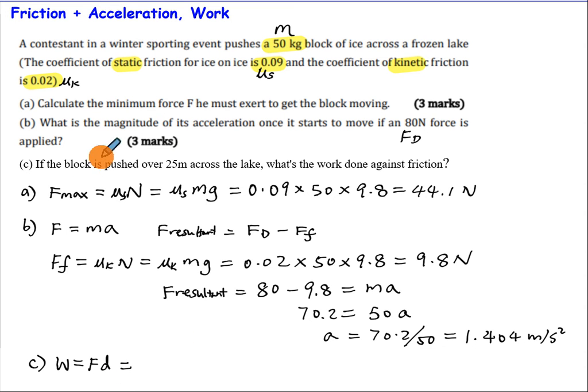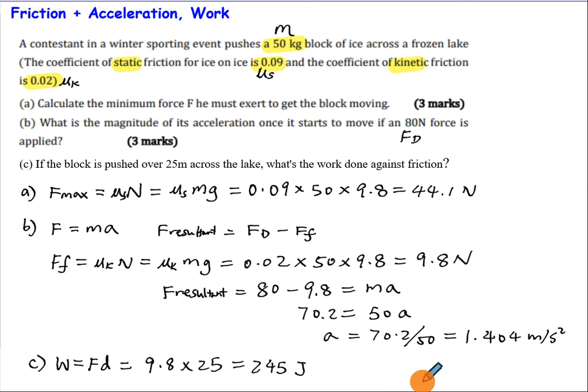So if the block is pushed across 25 meters the whole time, friction will be acting on the block. So simply the frictional force that we calculated in part B when the block is moving, which is 9.8 newtons, times the 25 meters, and that equals 245. Everything's in standard units, so use work and energy units, joules.